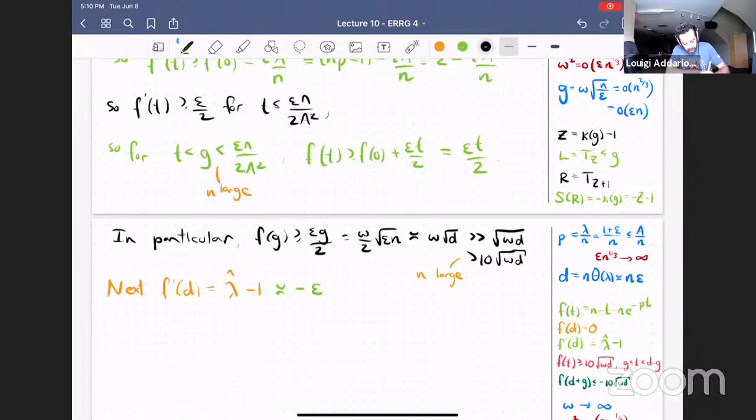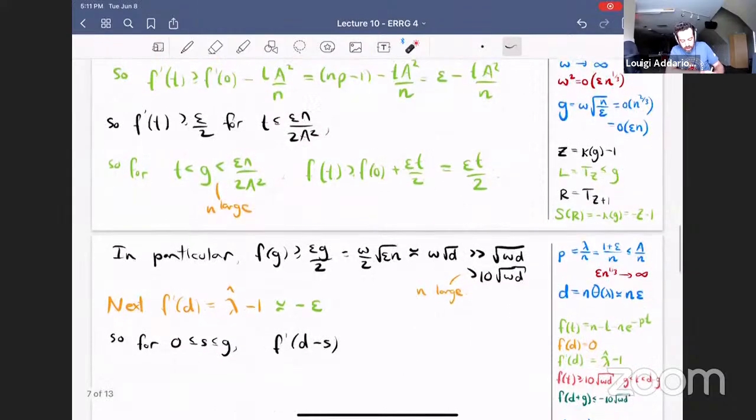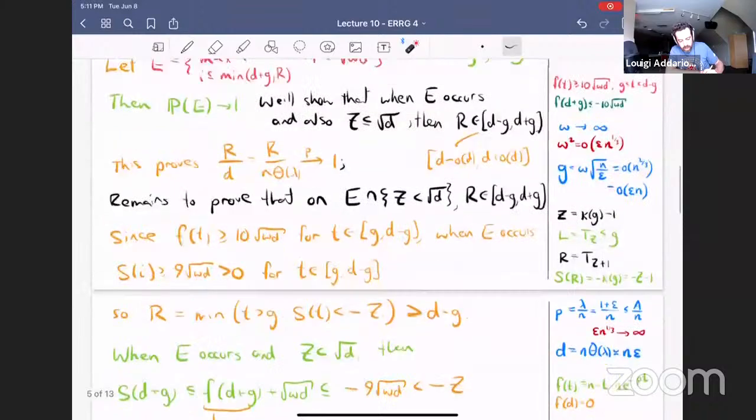Okay, and so that tells us that if we look at, say, s between 0 and g, I'm going to look at what the derivative of f is like near d. Maybe it's worth scrolling back to the picture of f for a second.